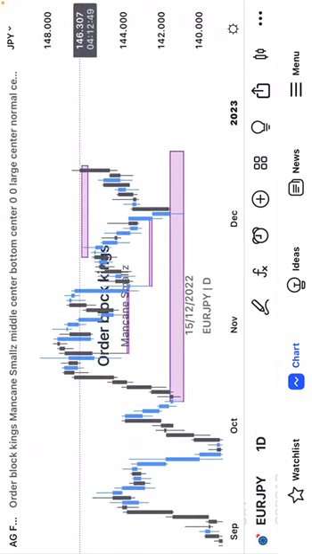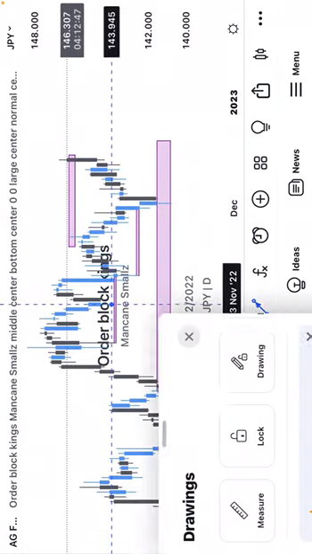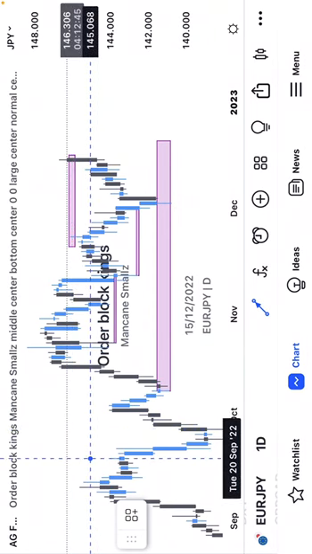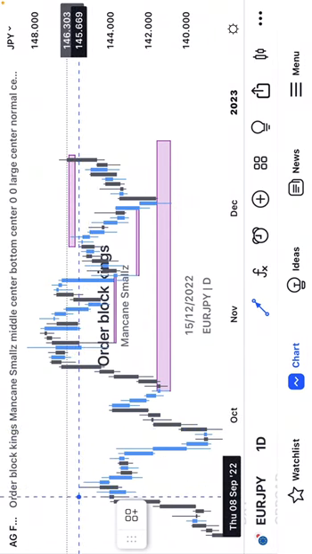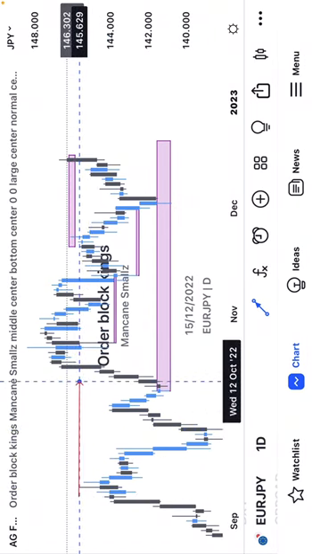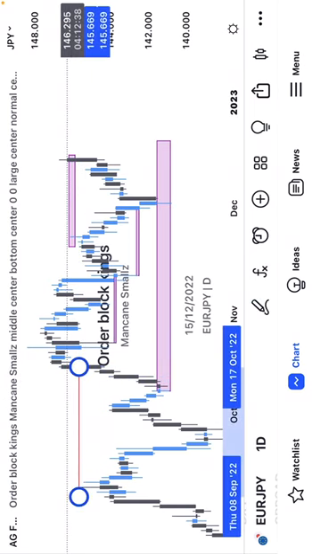They are coming from a demand that took out this high here, right? So now we might see EURJPY creating a new high.